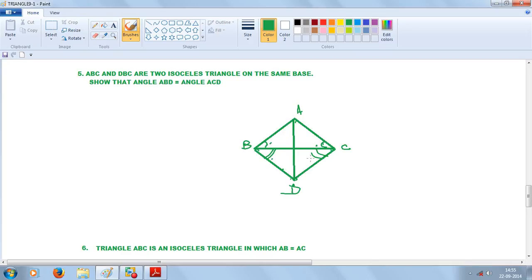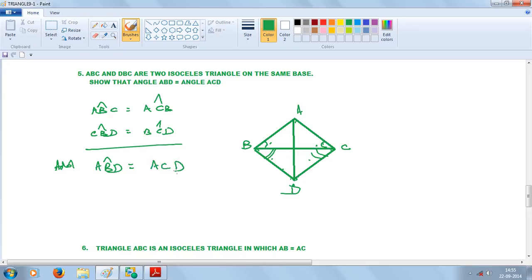We have to write the same thing. Angle ABC is equal to angle ACB. Angle CBD is equal to angle BCD. If we add both, we get angle ABD is equal to angle ACD.